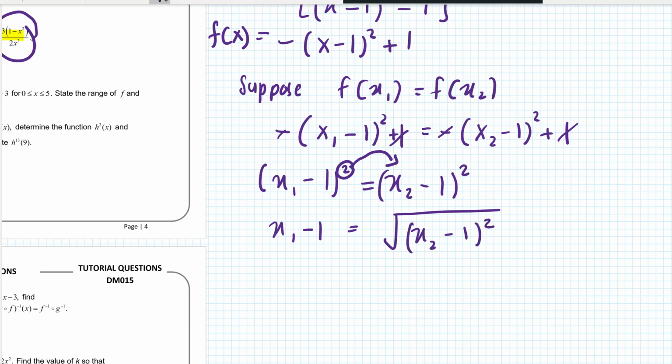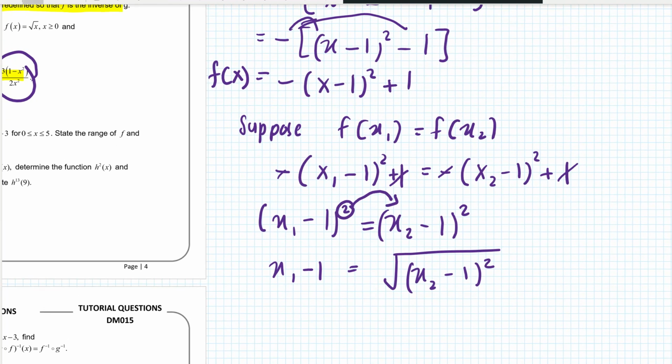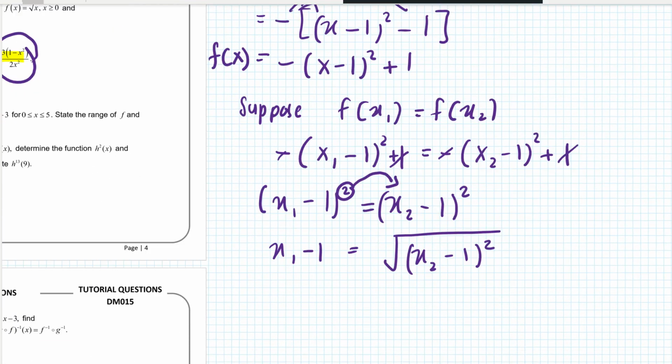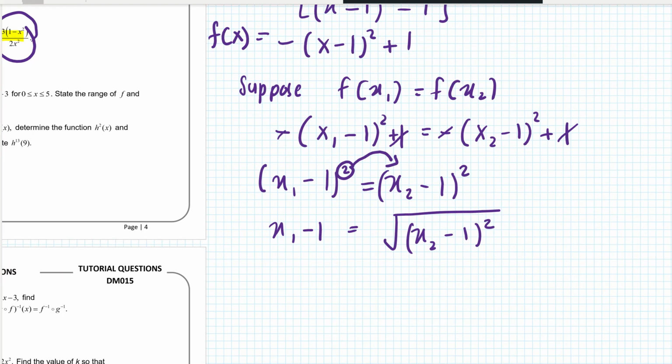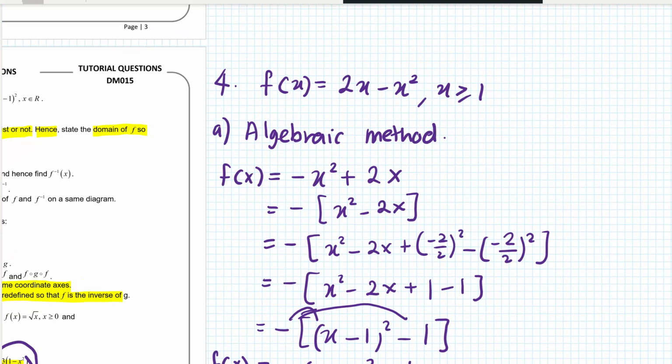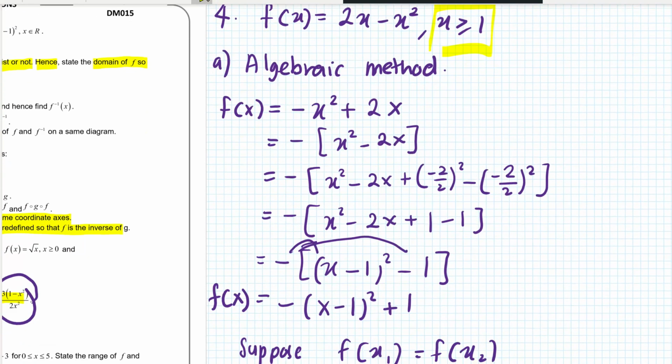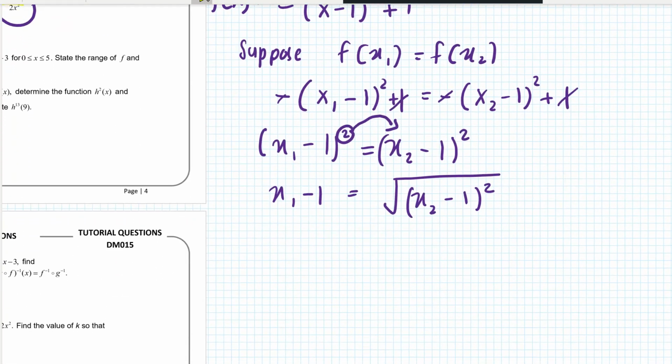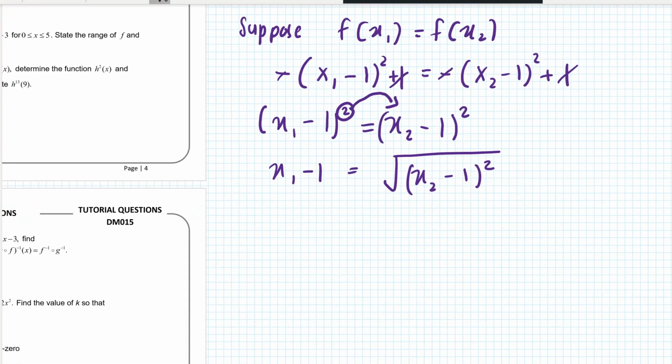Why I don't put the positive and negative: because the question already states that x is greater than or equal to 1, so it's a positive x. Therefore x1 is equal to x2.